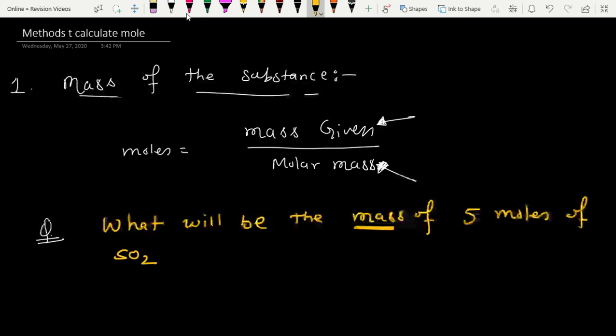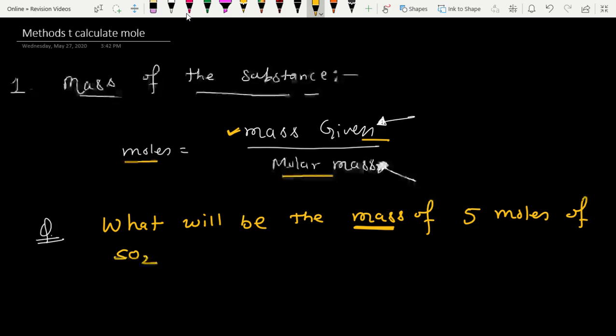Based on this formula, they can ask any one of these quantities, and the other two will be given in the question in one form or another. For example, here they are asking us to calculate the mass of 5 moles of SO2.